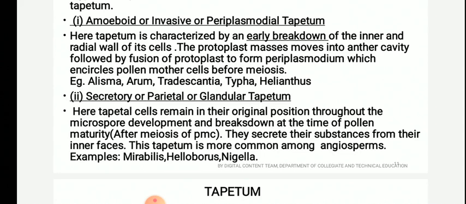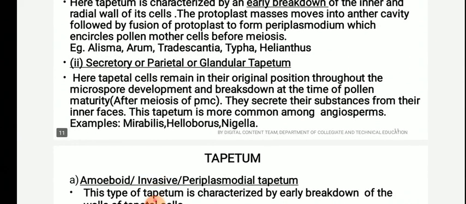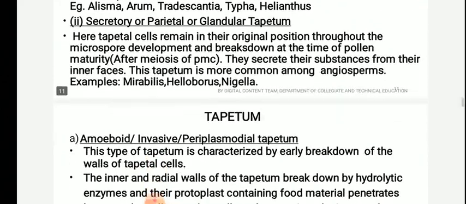Whereas the glandular tapetum is going to break down at a later stage, when the pollen mother cells have undergone meiosis and the pollen grains are released. Till then, they will be nourishing the pollen mother cells and the pollen grains through their inner cells. They secrete their substances from their inner faces.